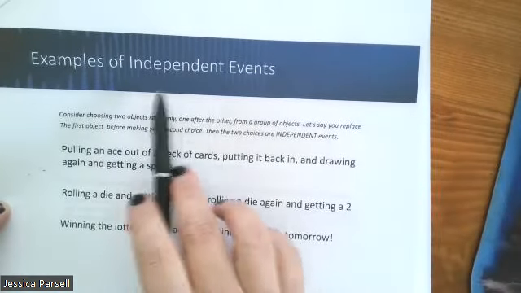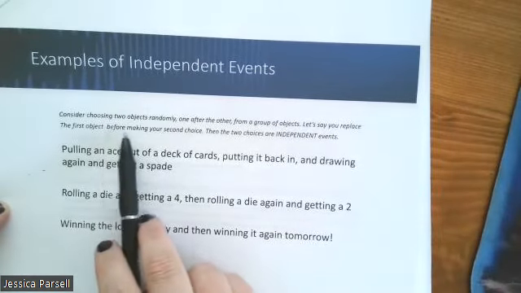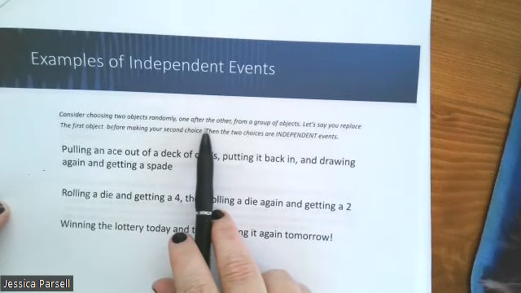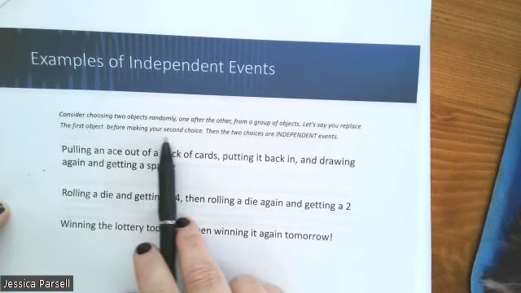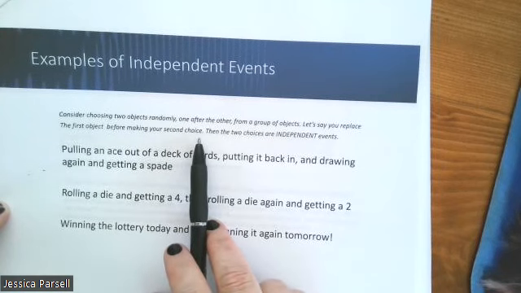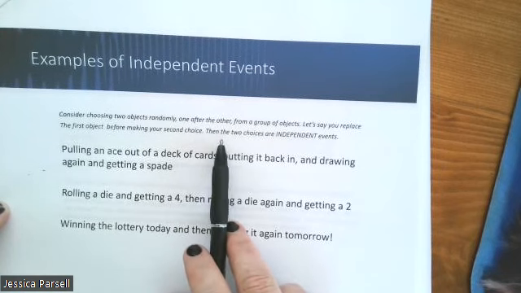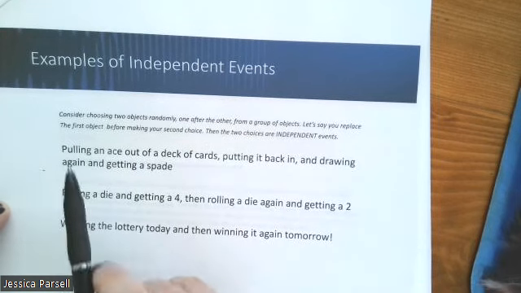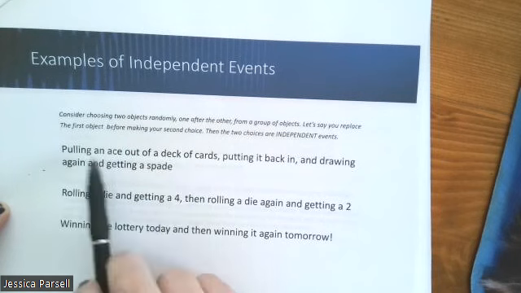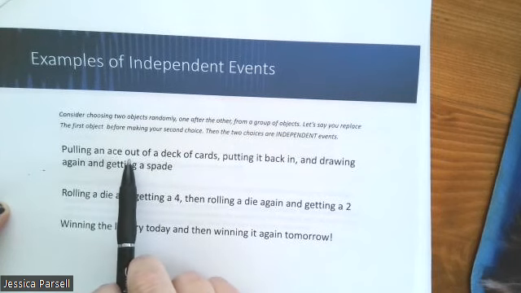So going further with independent events, consider choosing 2 objects randomly, one after the other, from a group of objects. Let's say you replace the first object before making your second choice. That's very much the scenario I was just talking about earlier. Then the 2 choices are independent. Here's an example. Let's say you have a deck of cards and you randomly grab one and pull out an ace.